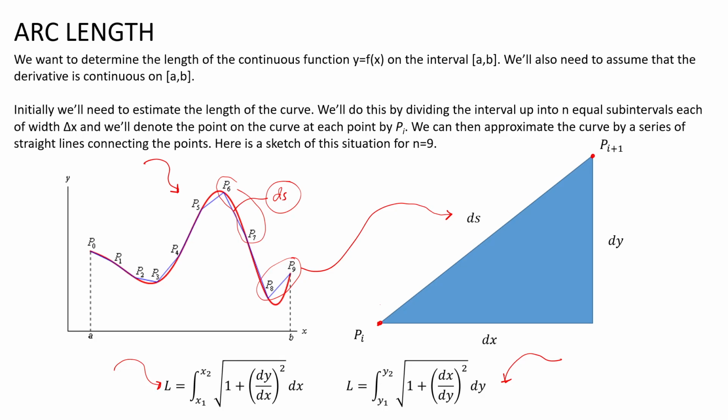So for our line segment, since we divided our line or our curve into different segments, it's called a differential segment. If we create a right triangle, for example on points 8 to 9, notice that the vertical component of your differential segment will be your differential y, and the horizontal component will be your differential x.